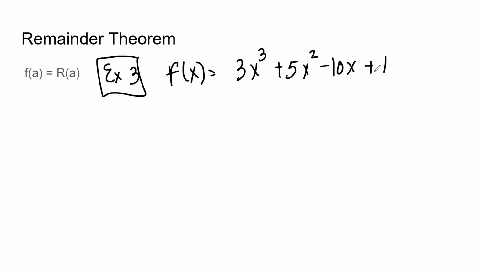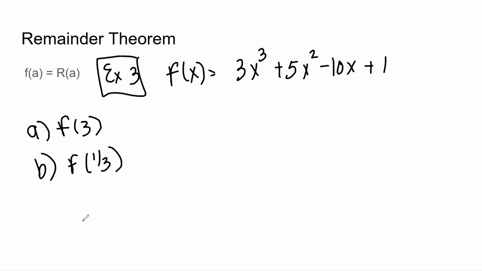So no invisible zeros here, right? It goes 3, 2, 1, constant. So that's nice. We don't have to placehold. And we want f of 3, f of a third, f of negative 2, and f of negative 5.